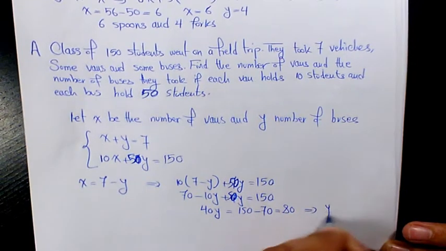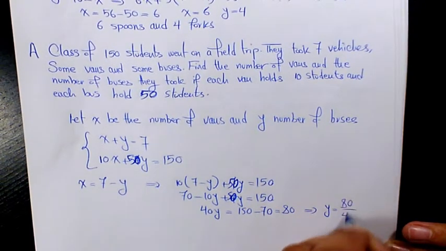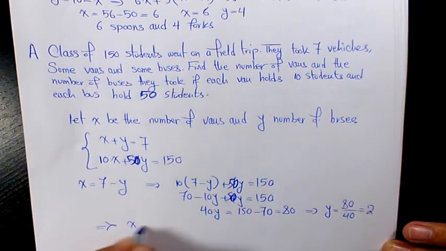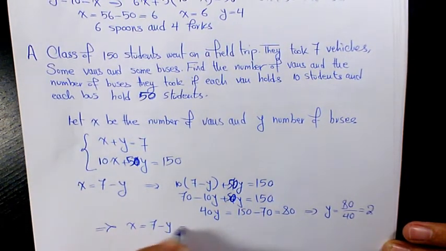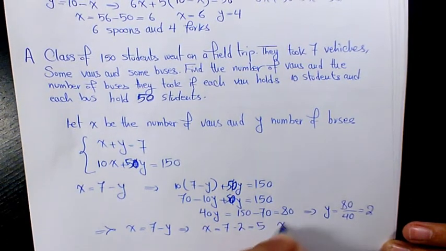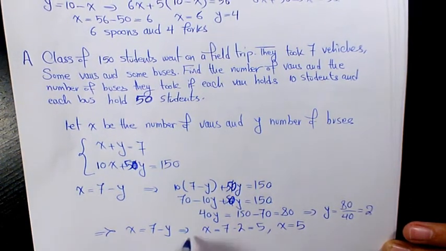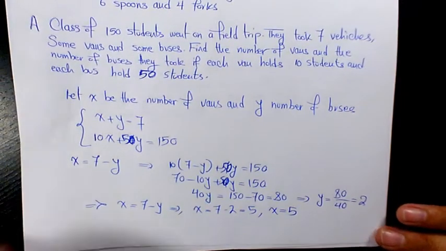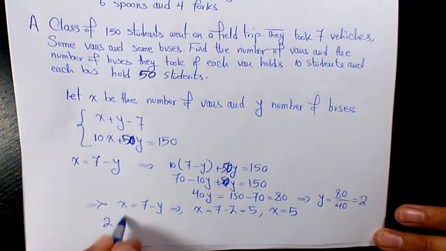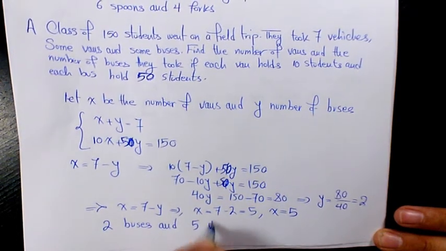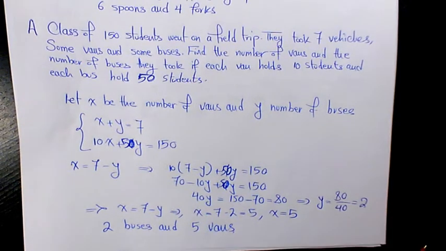So y will be 80 divided by 40, which is 2. Then x equals 7 minus y, which is 7 minus 2, which is 5. So x is 5. So we're going to have 2 buses and 5 vans as the answer.